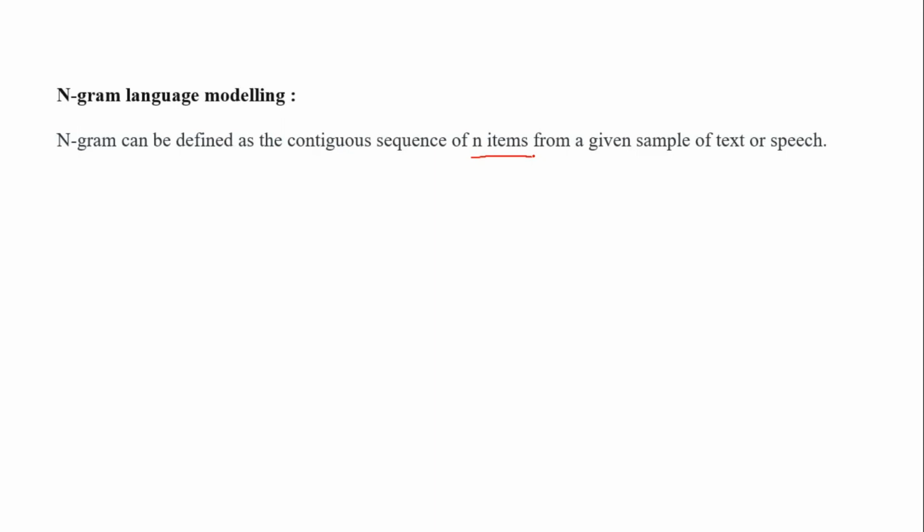So why do we need the Ngram language model? Take the best example: suppose I give the system the sentence "thank you so much for your", and we want the system to predict what the next word will be.